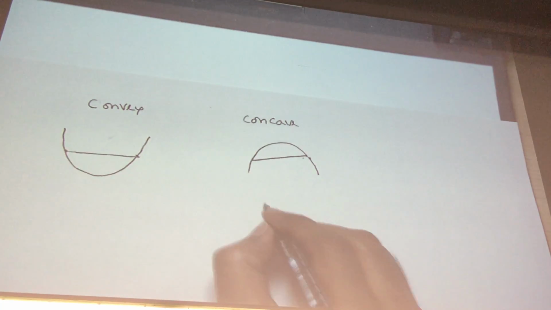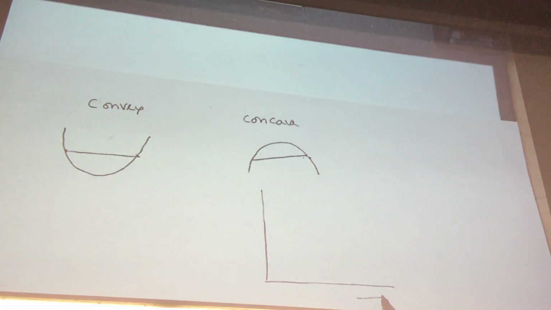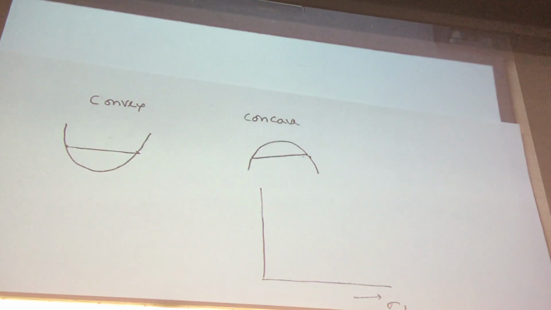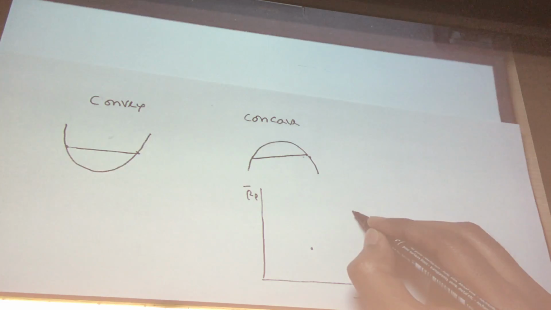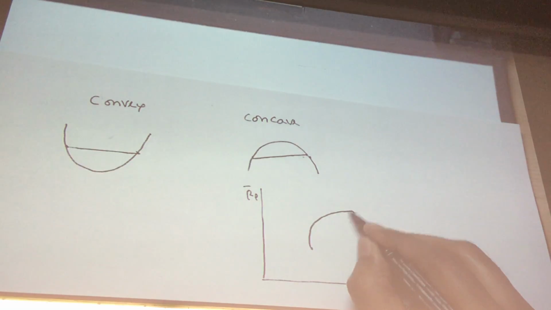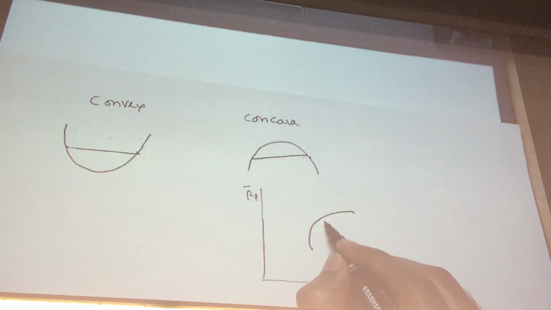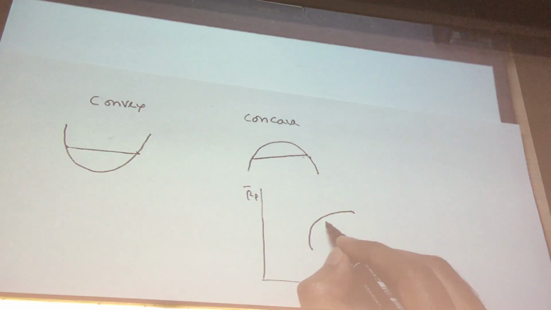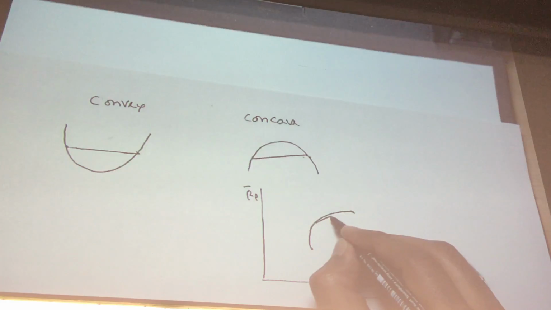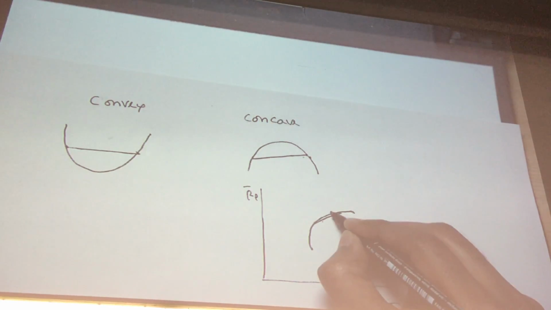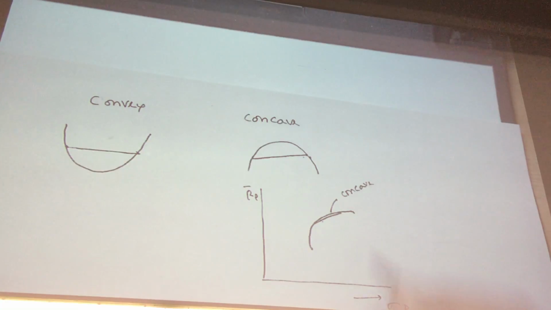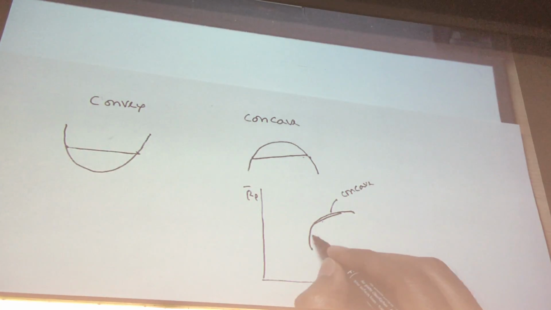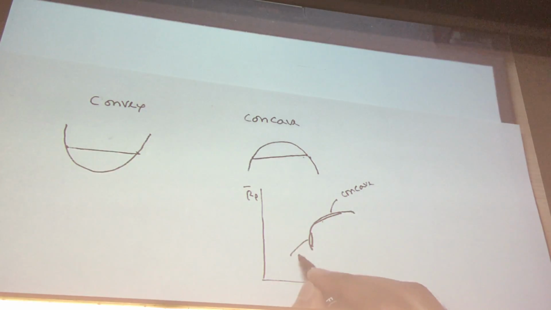So when you come back to the portfolio graph that we just discussed, sigma p and RP, you have 2 assets, and the graph is going to be something like this. The upper portion of the graph, when you connect any of these 2 points here, looks concave. When you connect the points in the bottom part of the graph, that part looks convex.